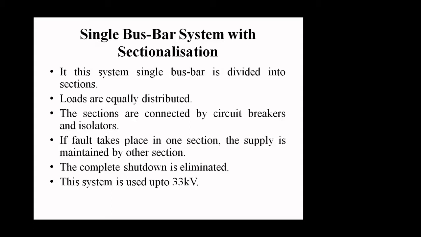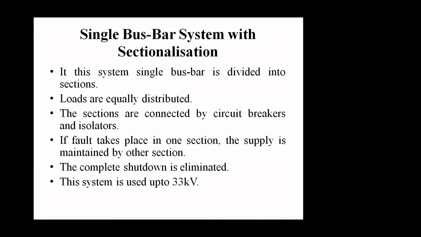There, if any fault takes place, entire substation is interrupted. Whereas in this case, only one section will be interrupted, the other section will continue to supply. So this is the advantage of having sections in single bus bars.